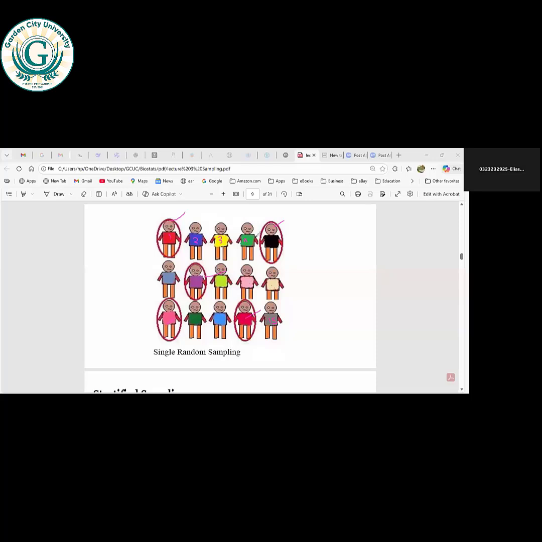So now these are the individuals who are going to form the sample. And that's what we call simple random sampling. Okay. So I can see some hands up.